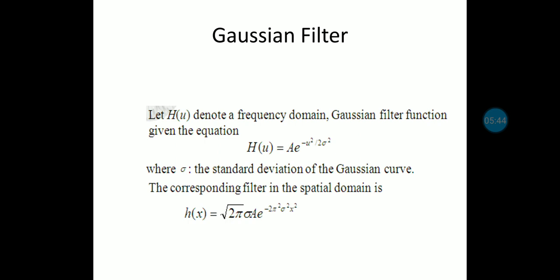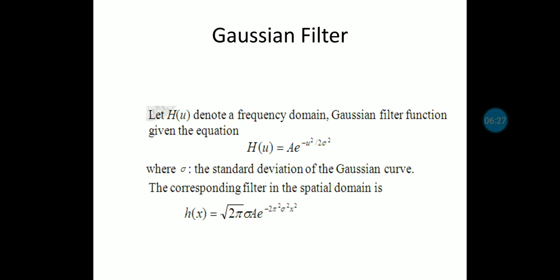One useful property of the Gaussian function is that both it and its Fourier transform are real valued. There are no complex values associated with them. In addition, the values are always positive. So in convolution of an image with a Gaussian function, there will never be any negative output values to deal with. There is also an important relationship between the widths of the Gaussian function and its Fourier transform.